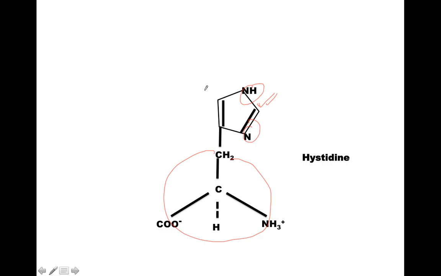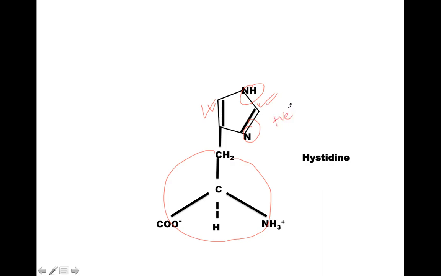Histidine has a better buffering capacity, and it buffers in many biological systems. We will see this when we see pH and pK, or the chemical properties of the amino acids. At present, this is positively charged.